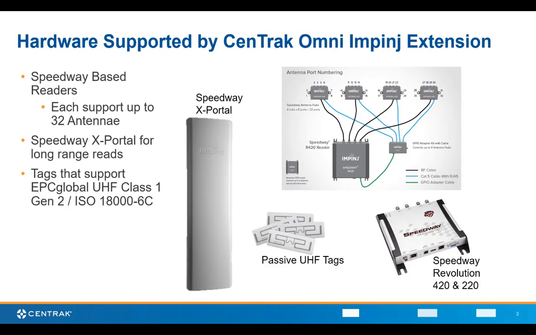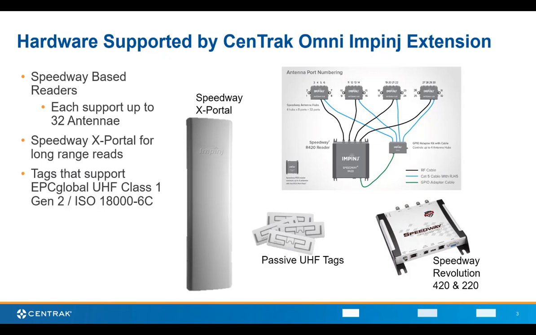Regarding the Impinj, we support the Speedway readers, and we get to it through the API from Impinj, which essentially communicates with those readers using the low-level reader protocol, LLRP. As you can see, each Impinj reader can support up to 32 antennas.